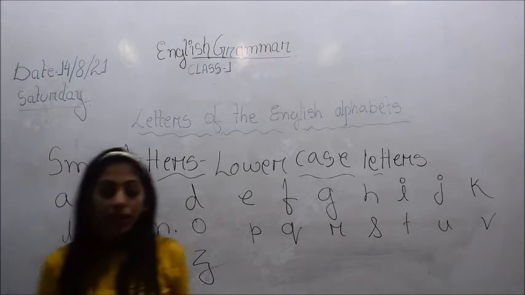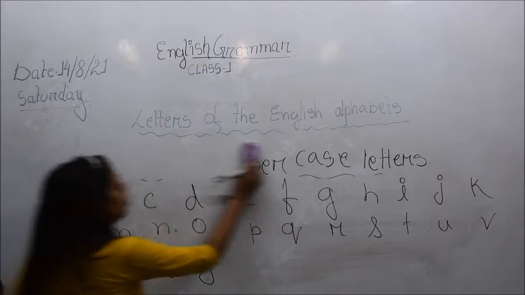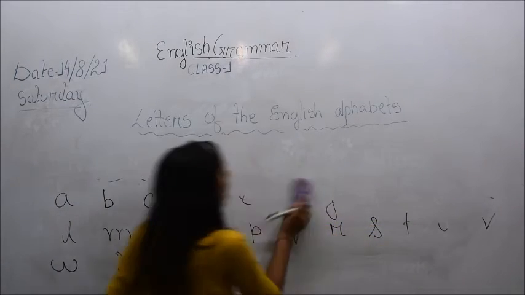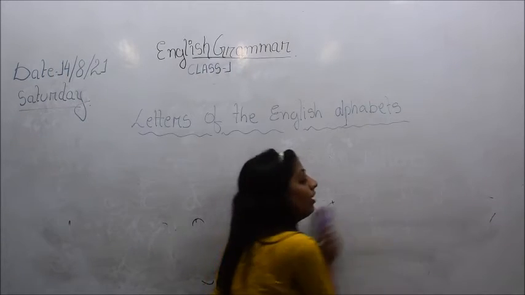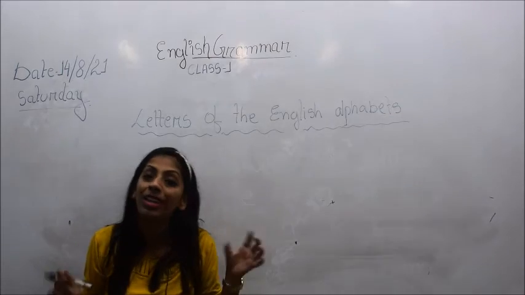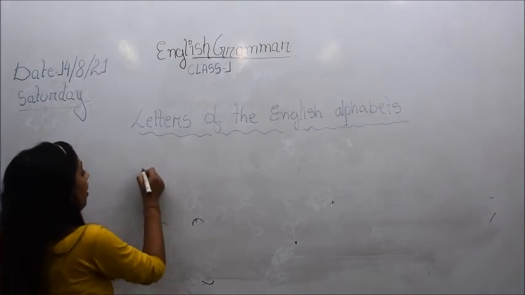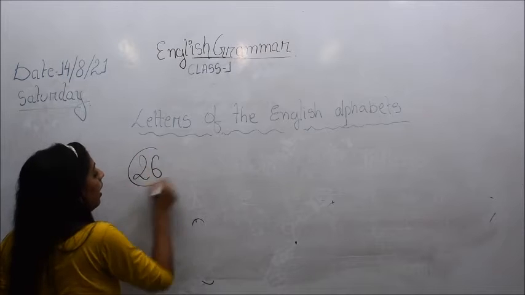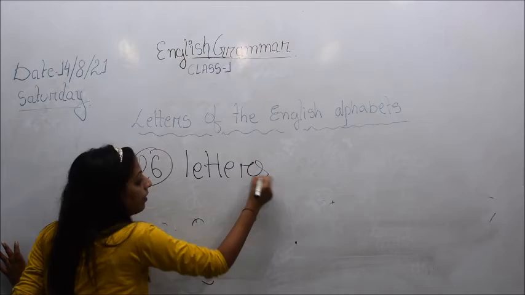Alright, so children, now we will try to sum up everything again. Okay, so from the beginning we will just sum up. So children, how many letters are there in total in the English alphabet? There are 26 letters.